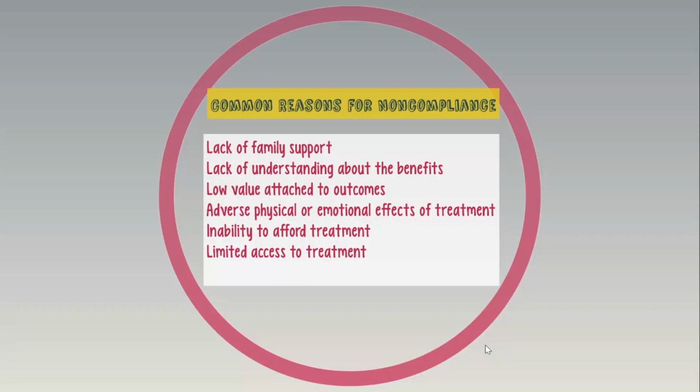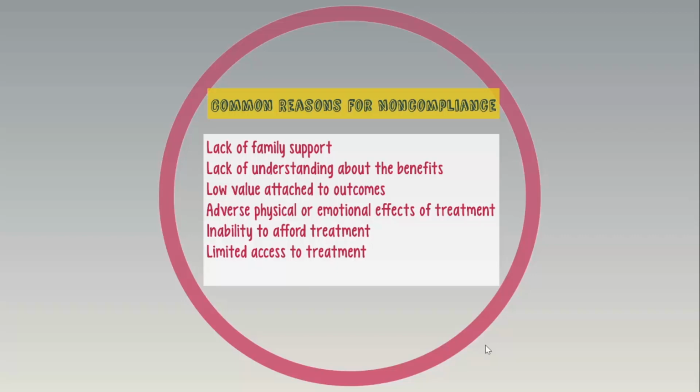Adverse physical or emotional effects of treatment. So we can think about maybe if a patient has to undergo some sort of chemotherapy or some medication regimen or treatment regimen that causes them to have physical or emotional effects, they might feel that the illness itself gives them less effects than the actual treatment. So they might not want to do it, and there might need to be some education there to help the patient see the value of the treatment.